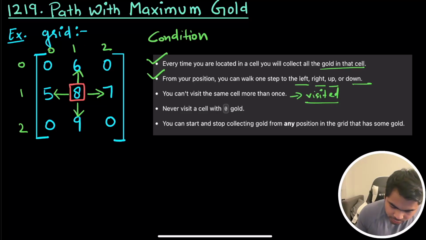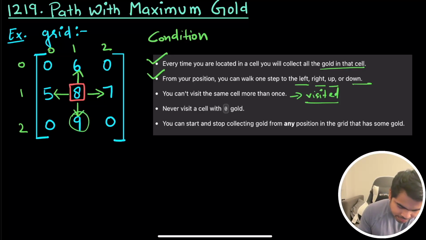So once you actually choose to walk in one direction, then you cannot take any of the others. Let's say I were to start somewhere like over here at 9.